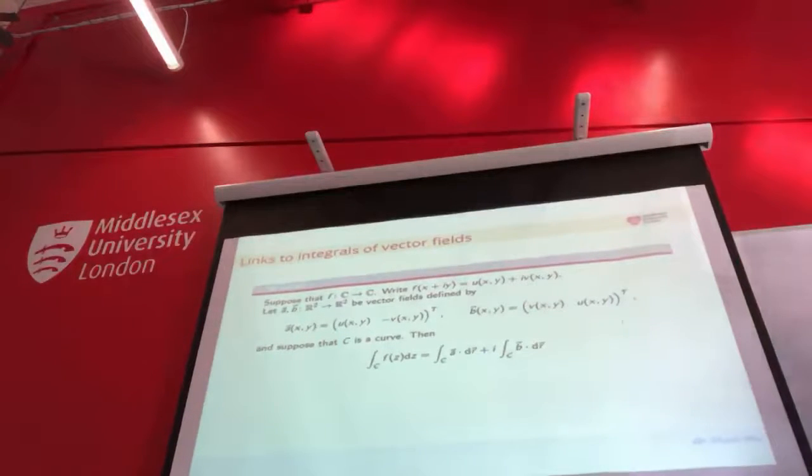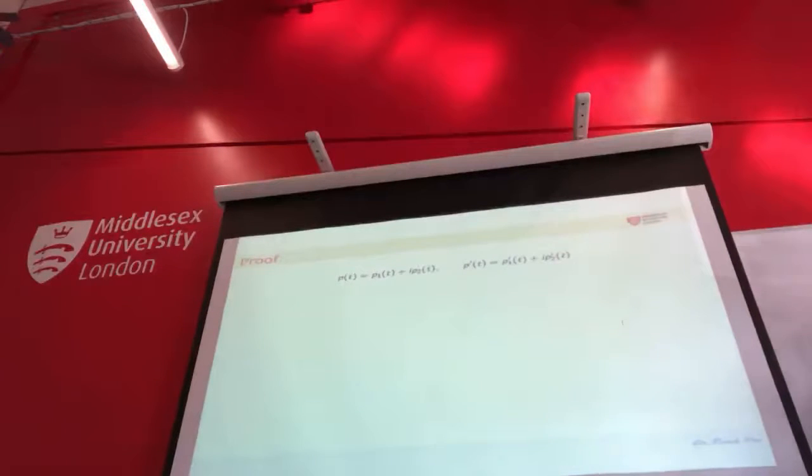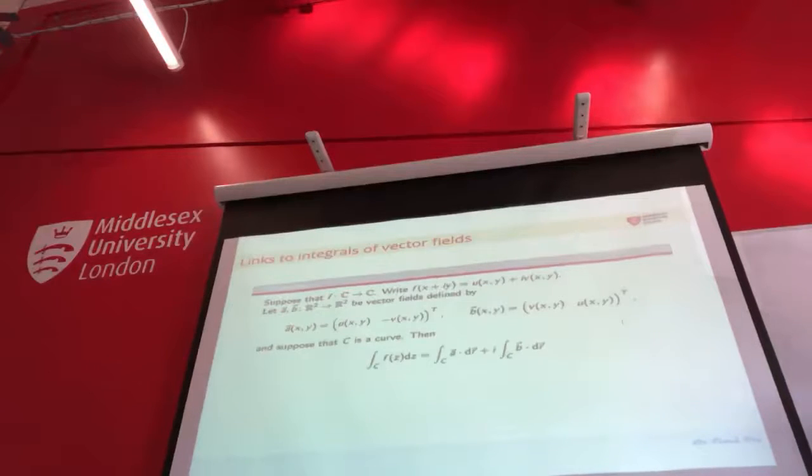Now to prove this, you simply just need to actually do some calculations, and start from the left. So work out what the integral of f of z dz is.